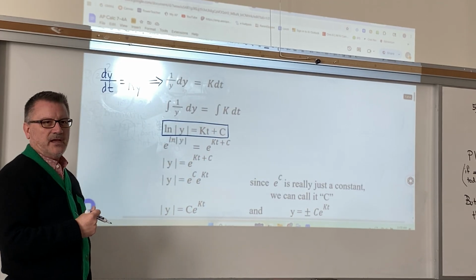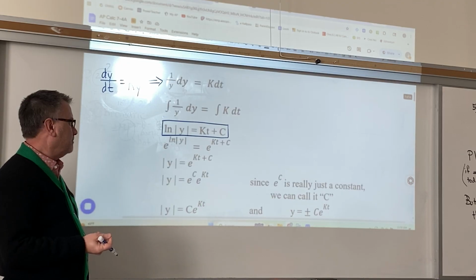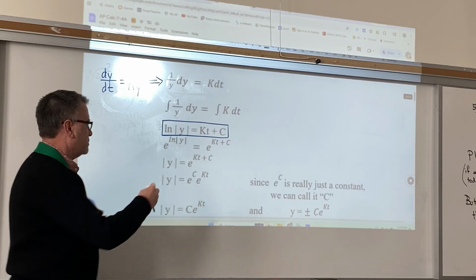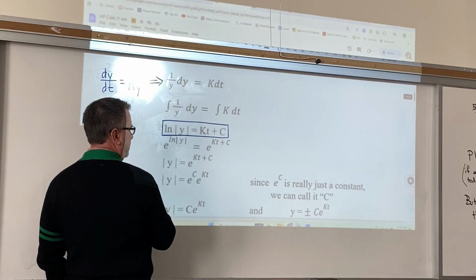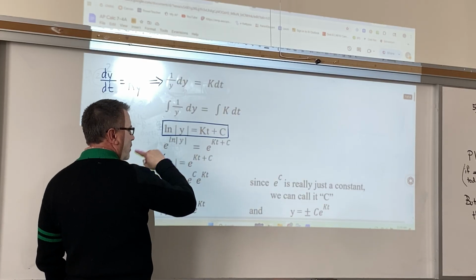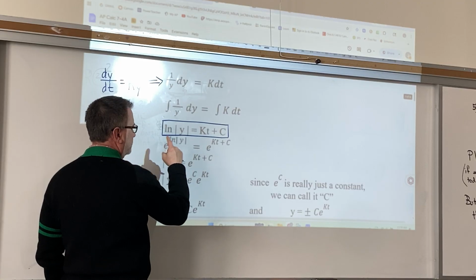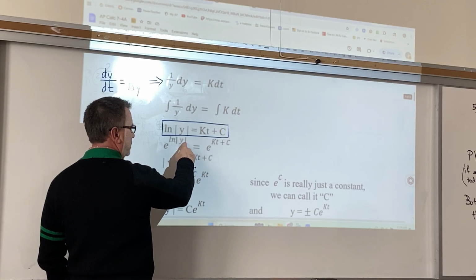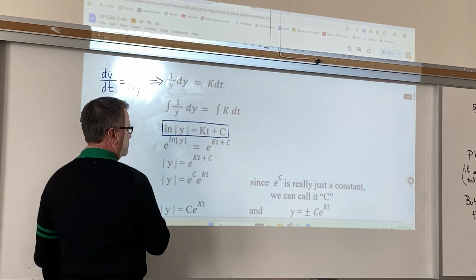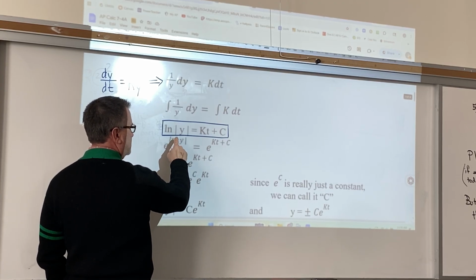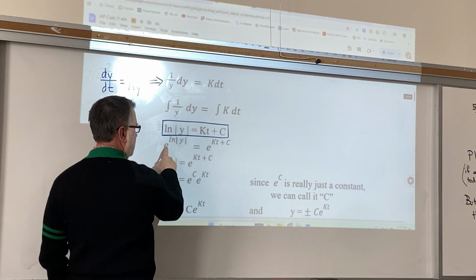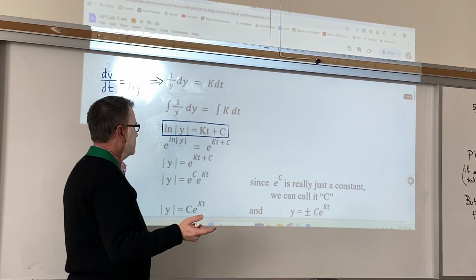But then I want to see, hey, can I isolate the y, which is right here? And so if I look for ways to isolate the y, one thing I could do is I could raise each side by this power, e to that power. Why e to that power?